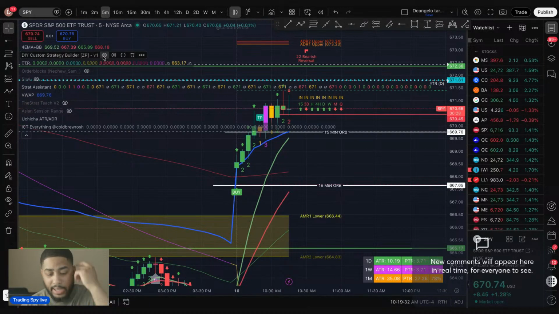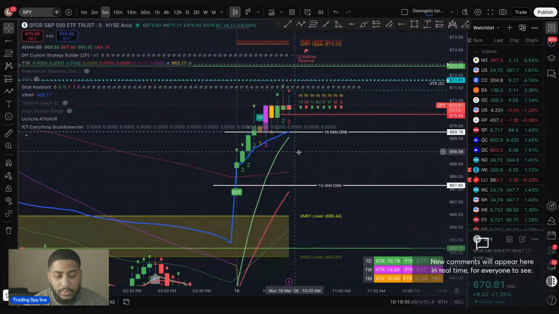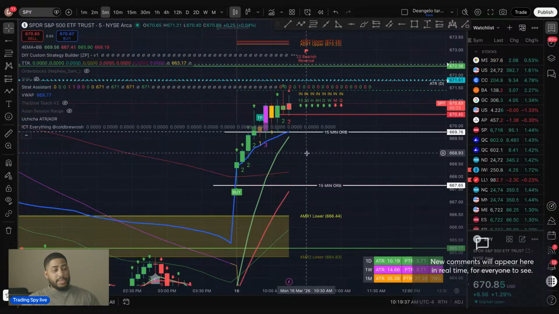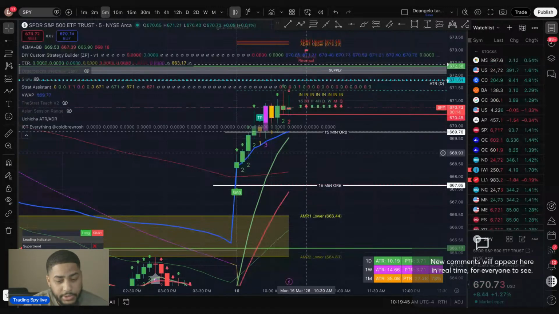Pull up my DIY indicator. But the thing is, you got to wait for this candle to close for it to confirm. That's the reason why I love the Strat so much, because with the Strat, you got to wait for confirmation. You can't prematurely try to jump in these plays. See, look, now sellers are trying to step back in. So we got 7 seconds left in this candle.